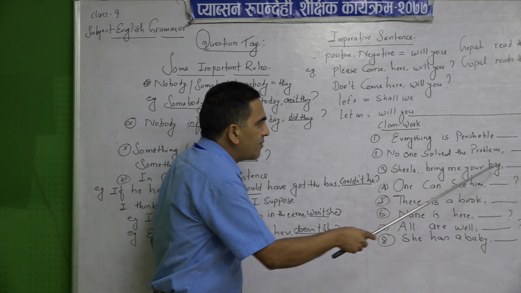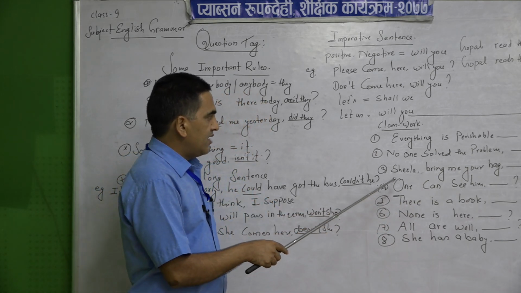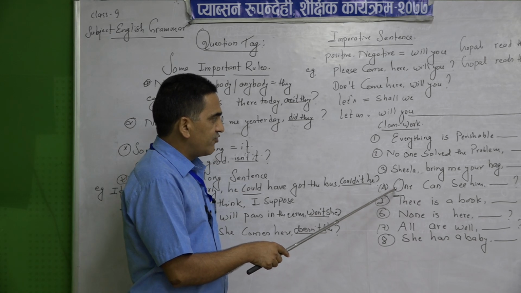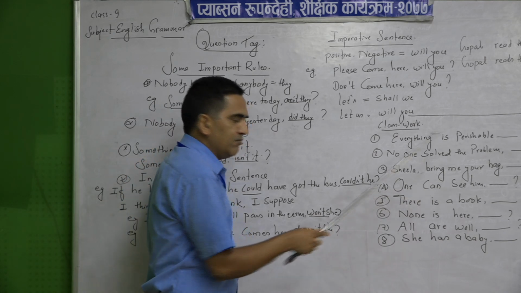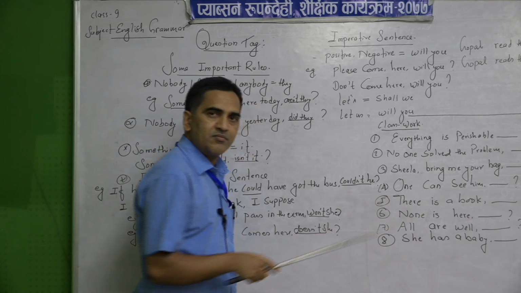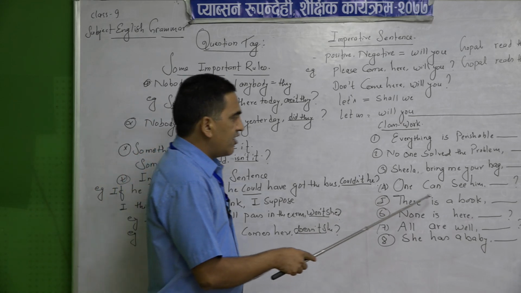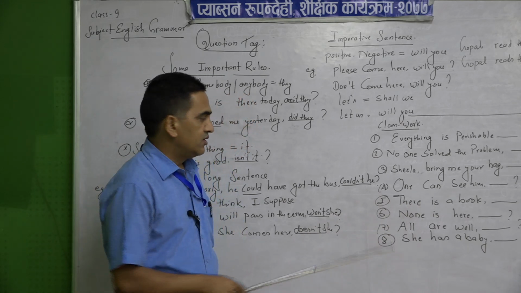Sheila, bring me your bag, comma, question mark. Yes, and here next question 4: one can see him. One, O-N-E, one can see him. Yes, question number 5: there is a book.